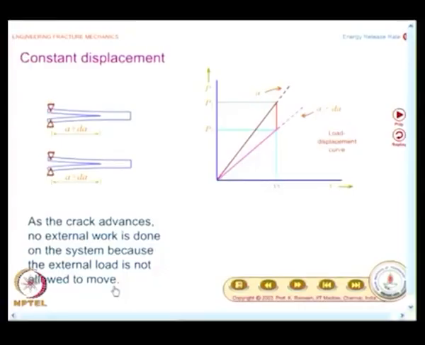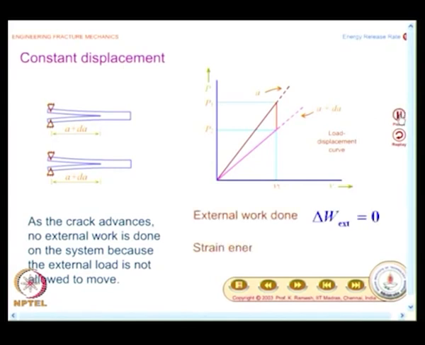We are looking at things in detail. So, there is no external work done in this case, and obviously you can look at the final triangle is this, the initial triangle is much larger. So, what you find is that the strain energy decreases in this case.